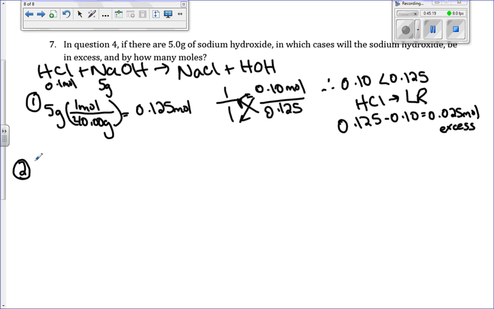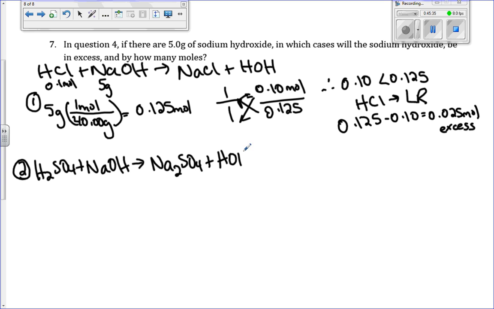Okay, sulfuric acid, balancing out. We have a 1-2-1-2 relationship. This was 0.1 moles.